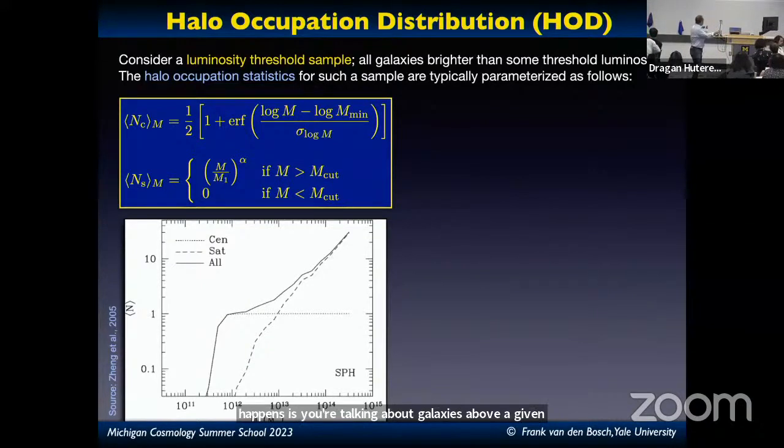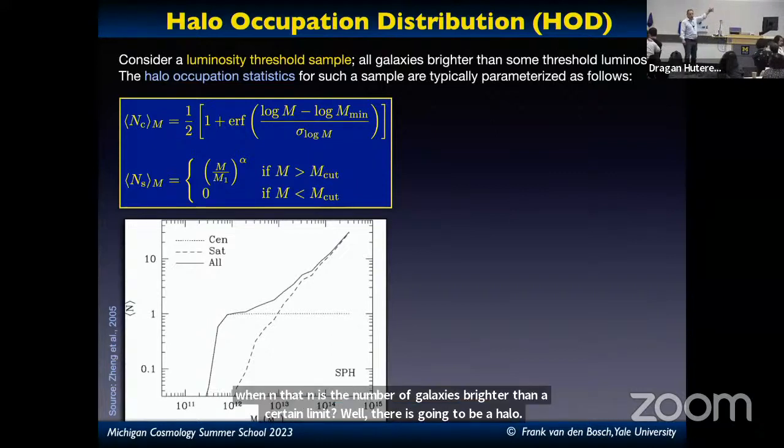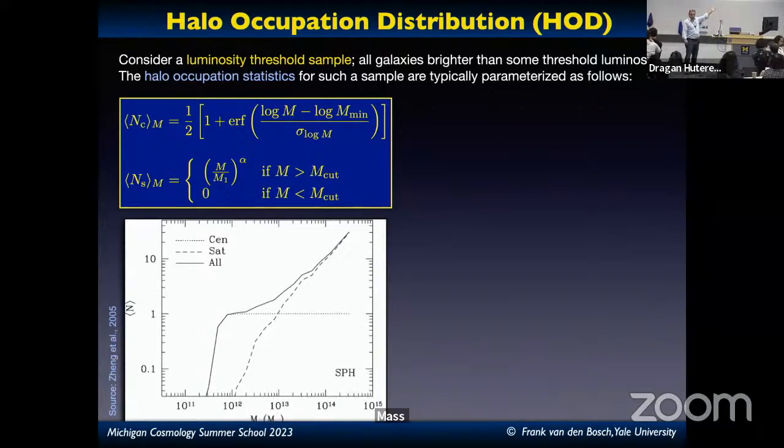So the HOD always describes a luminosity threshold sample. It describes galaxies brighter than a certain limit. So that n is the number of galaxies brighter than a certain limit. Well, there is going to be a halo mass below which galaxies of that brightness simply cannot form. You need to have enough baryons available to make enough stars to make such a bright galaxy.